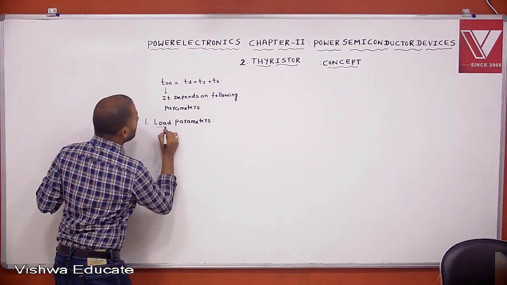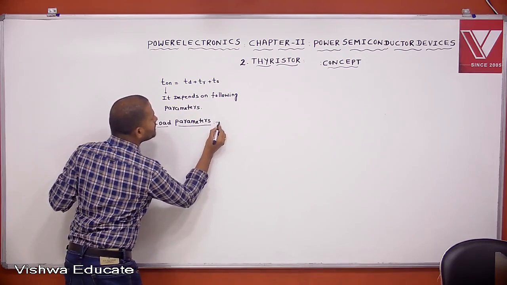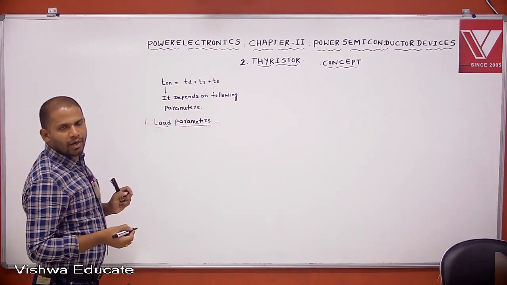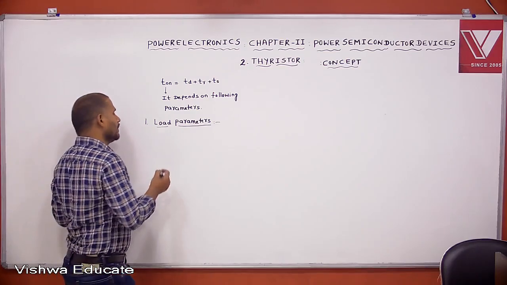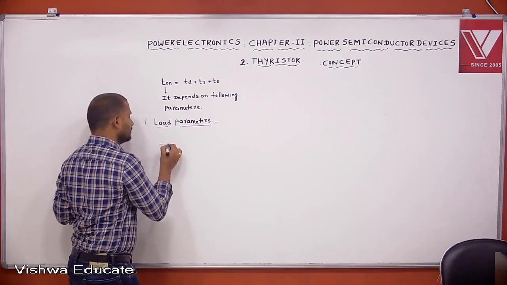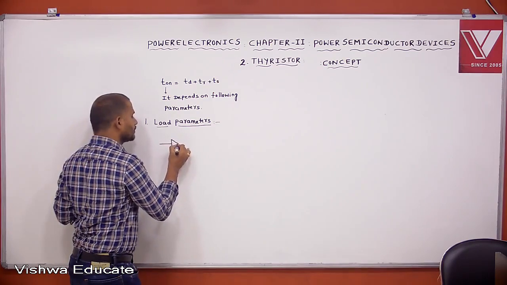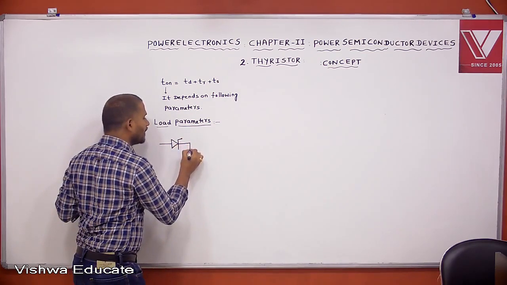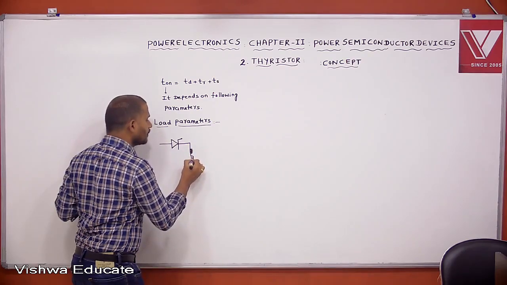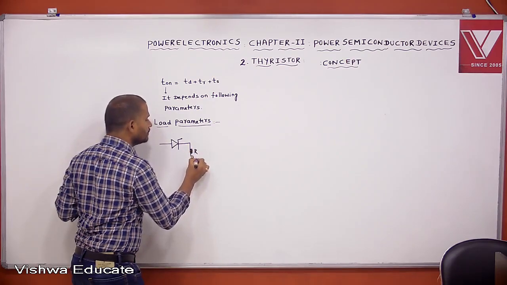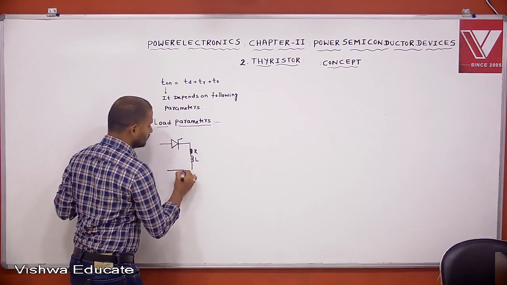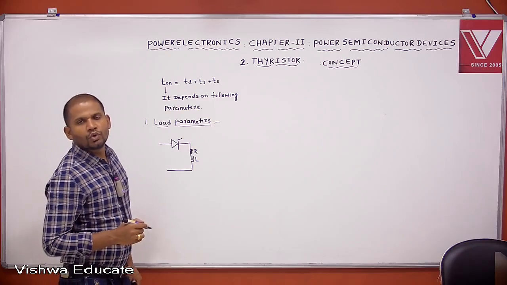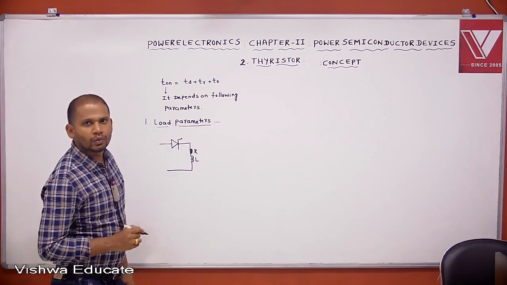Then I want to explain how the turn-on time of thyristor depends on the load parameters. Let us consider a thyristor is used to supply power to an RL load.